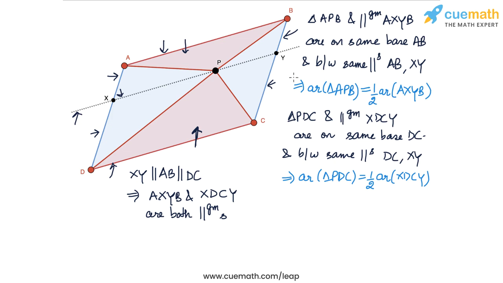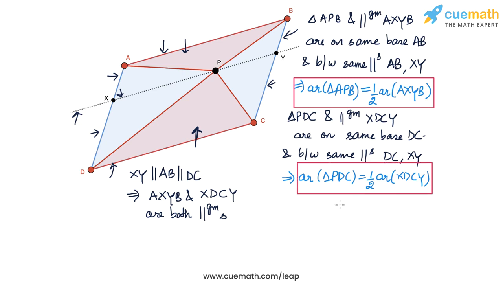The first one says area of APB is half of the area of AXYB, and the second one says area of PDC is half of the area of XDCY. So what we need to do now is we need to add these two equations. So if we add these two equations, then on the left hand side we will have area of triangle APB plus the area of triangle PDC. So basically the total area of the two triangles.